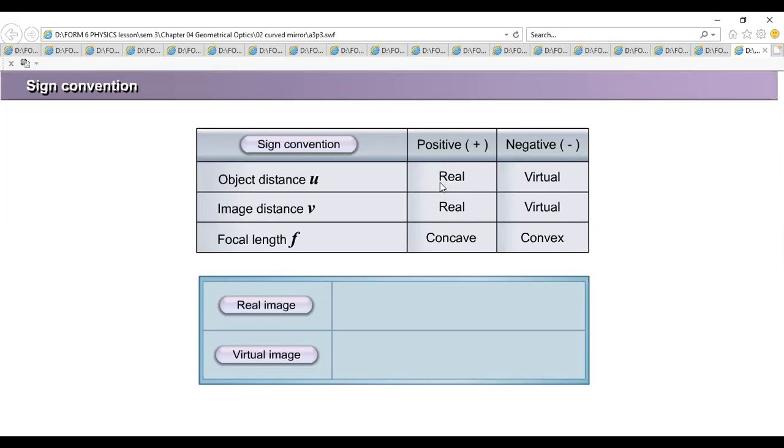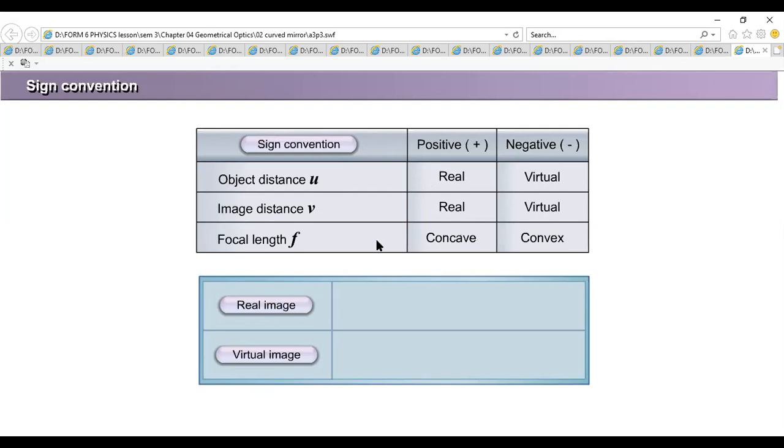If u is negative or v is negative, it means u is a virtual object distance, and v negative means that the image will be virtual.